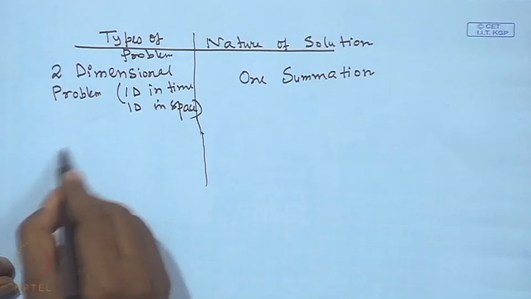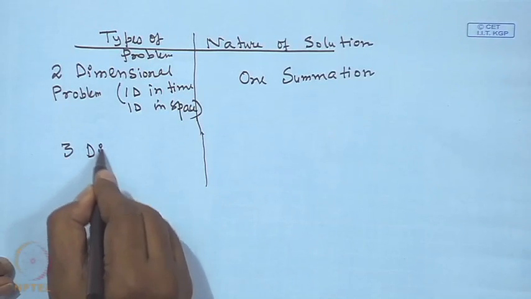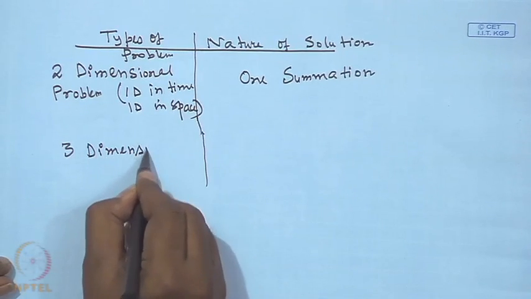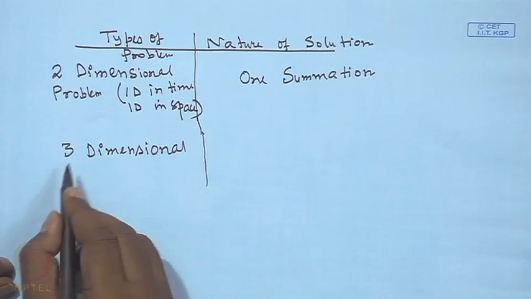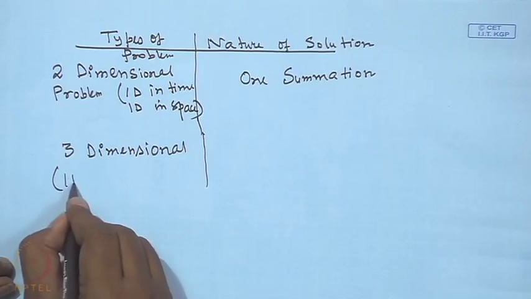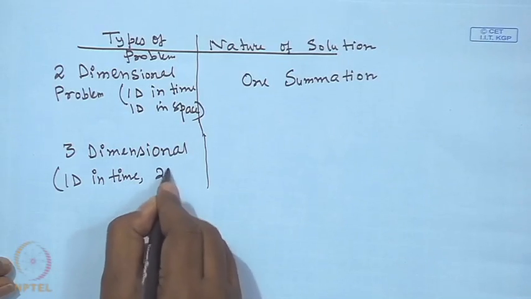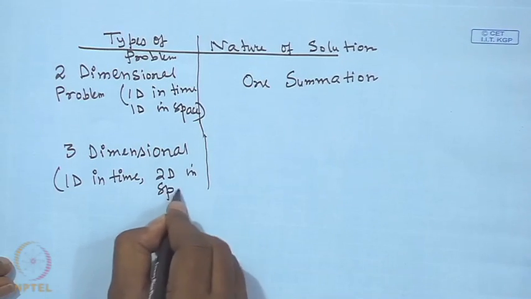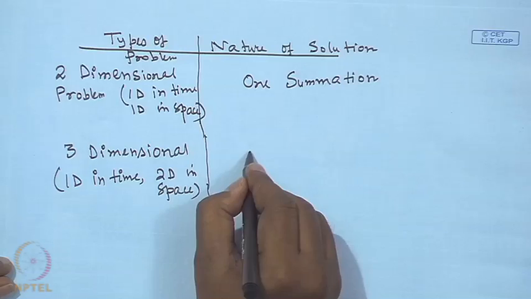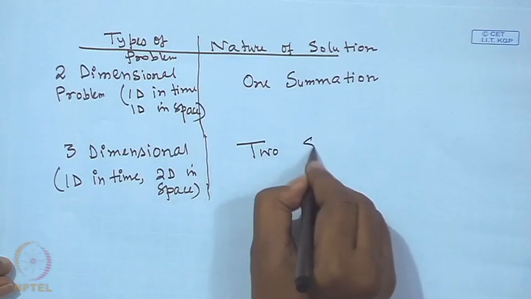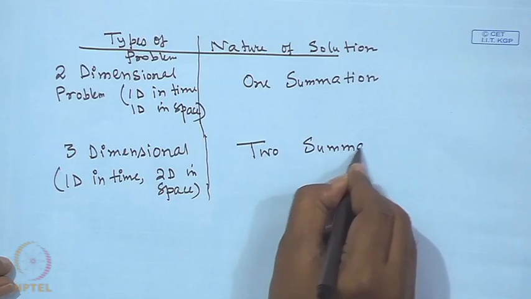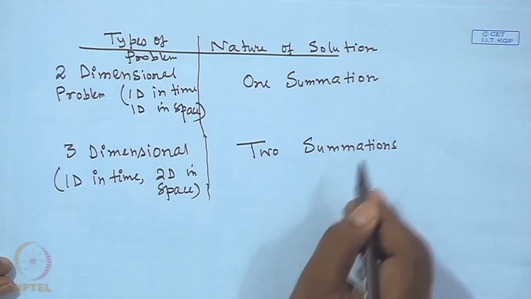If you have a 3-dimensional problem, one dimension in time and 2-dimensional in space, then we have 2 summations in the solution.